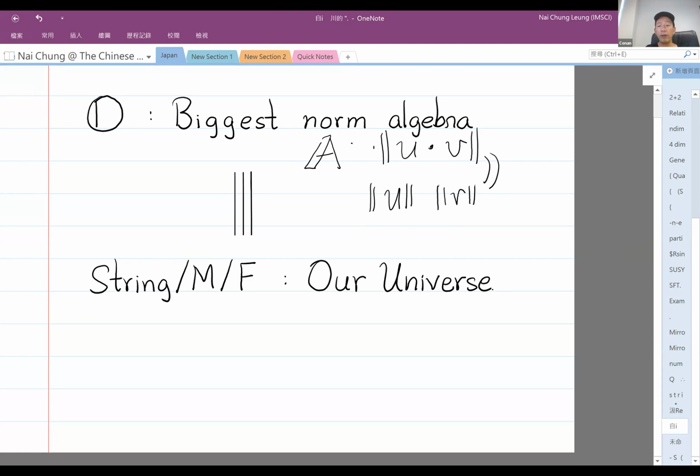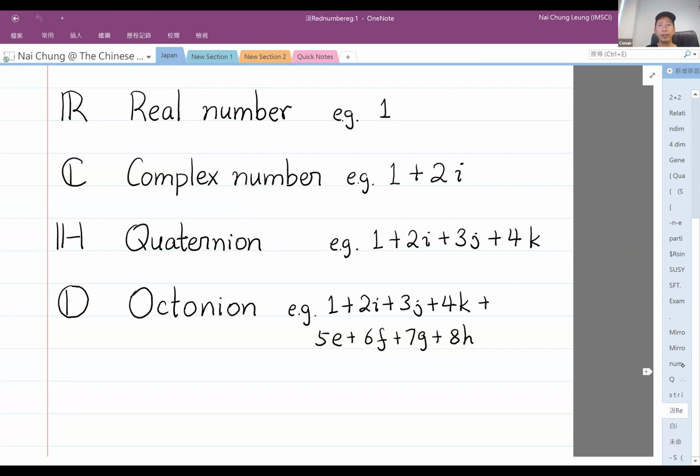And what are the possible norm algebras? There are only 4. There's no other. The first one is the real numbers; the next, bigger one is the complex numbers. It has a much richer algebraic structure because of the imaginary number. The quaternions are even richer: you have several complex structures i, j, k related to each other. And the largest possible one is the octonions. So from a mathematical perspective, the octonion is the ultimate theory.